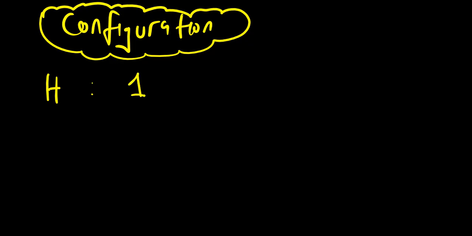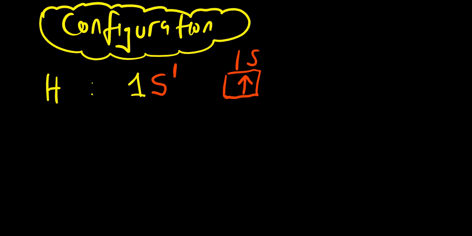In the first shell you are going to have the S subshell. Hydrogen has an atomic number of 1, and the number of electrons is equal to the number of protons. So the number of electrons will be just 1. So it will be 1s1. How do you show this in an orbital? You draw your orbital, then you show your arrow to show that this is an electron. So this is just 1s.